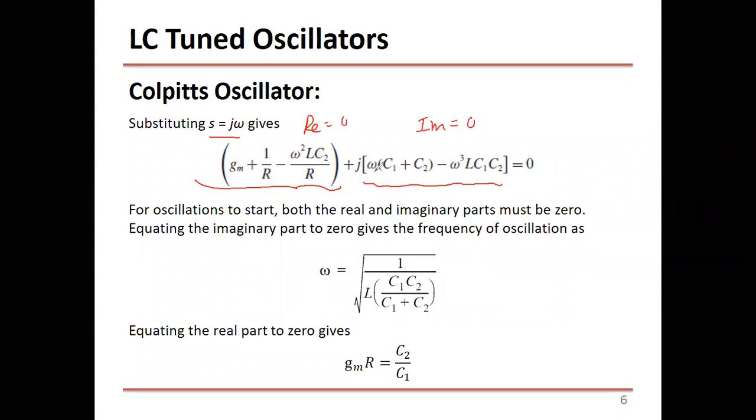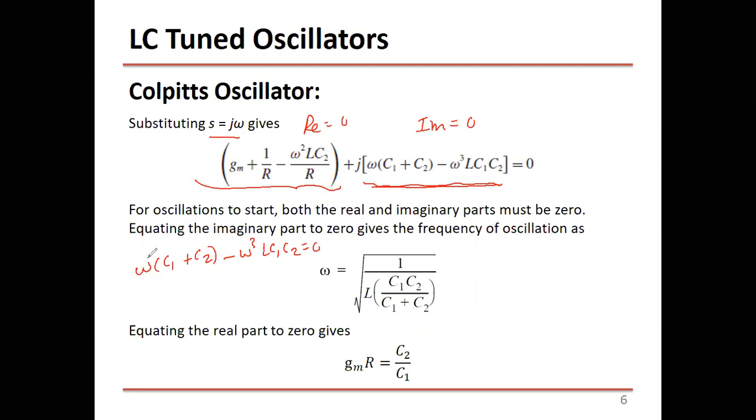If you have a complex number that equals 0, that means both the real part and the imaginary part are zero. Now, if you take the imaginary part and equate it with 0, you will have omega times C1 plus C2 minus omega cubed LC1C2 equals 0, right?